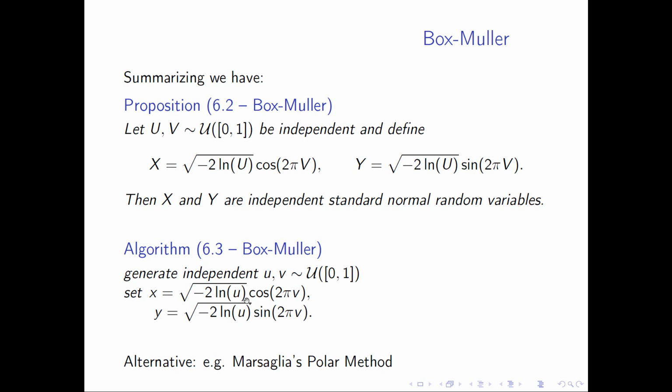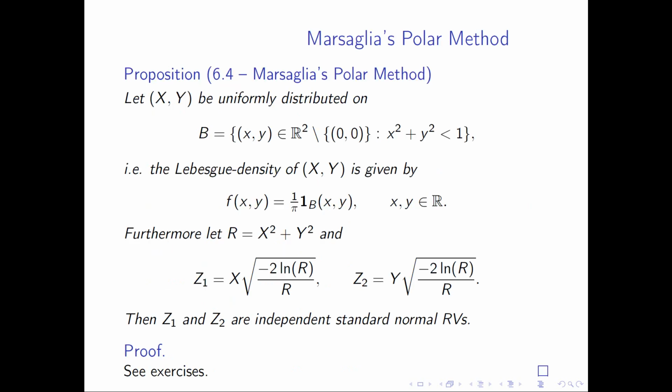An alternative to this sampling method is Marsaglia's polar method. What's Marsaglia's polar method? It's very similar, it's related, so its proof will be an exercise. Here we start not from a uniform distribution in 0, 1, but x and y, which is our starting point here, are uniformly distributed on the unit circle.